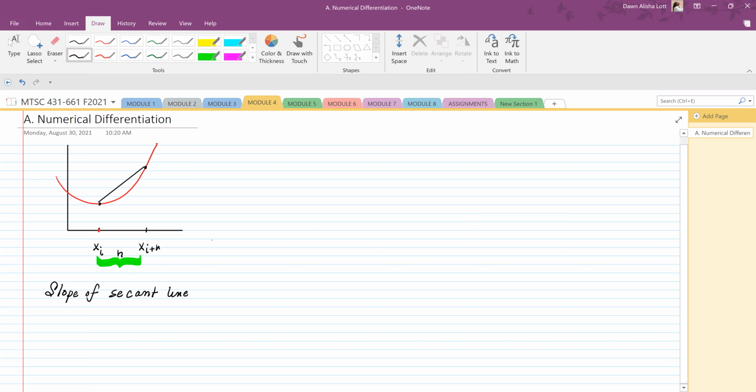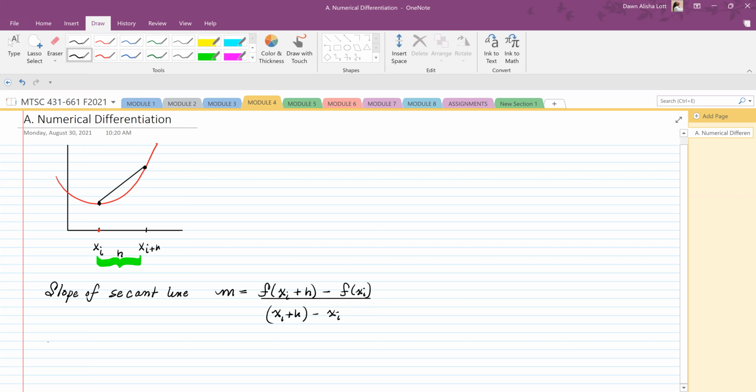So the slope of the secant line, we'll call it m for now, is f of xi plus h minus f of xi divided by xi plus h minus xi.